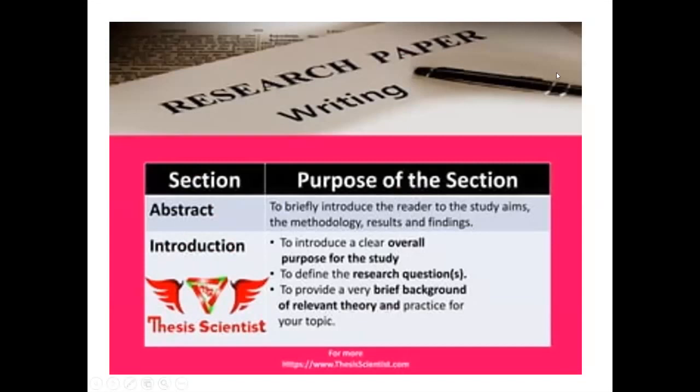So the abstract. I know for most of the researchers, the most difficult task is writing the abstract. They find it very difficult. If you find it very difficult to write the abstract, it means you are not very thorough about what you have done.